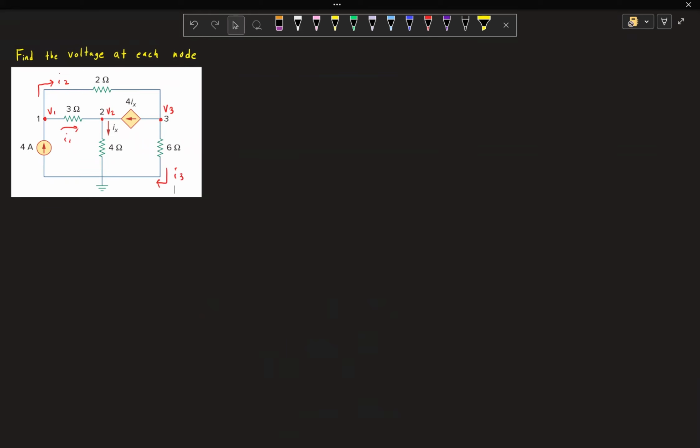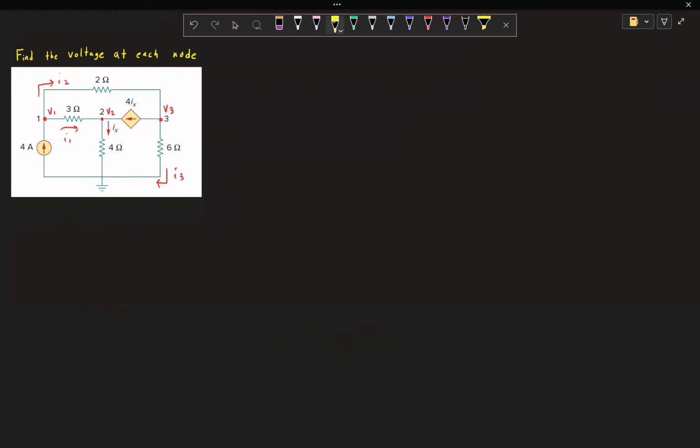So we've already done steps 1 and 2. We've picked a reference node, they gave us the ground. We've placed the nodal voltages, and we've labeled and assumed a direction for all the currents. So that's all the first 3 steps. So now we're going to do step 4. We're going to perform KCL at each nodal voltage.